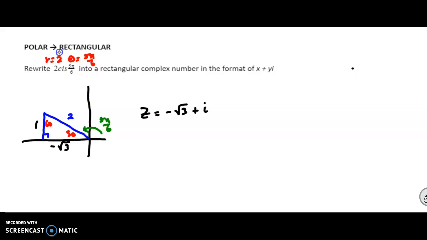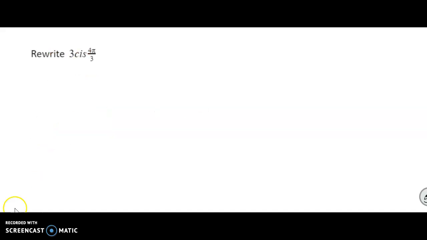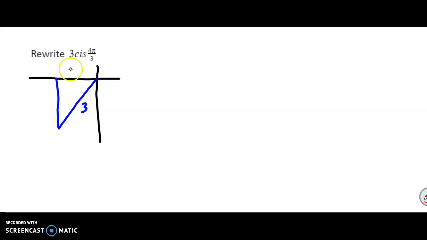We're going to use the same ideas in this next example. So here my r value is 3, and my theta is 4 pi over 3. Now 4 pi over 3, got to think, what quadrant is that? That's in quadrant 3, so I'm going to draw my triangle like this. Now since we're in quadrant 3, what you got to remember is that 4 pi over 3 is going to be beyond pi, or beyond 180 degrees.